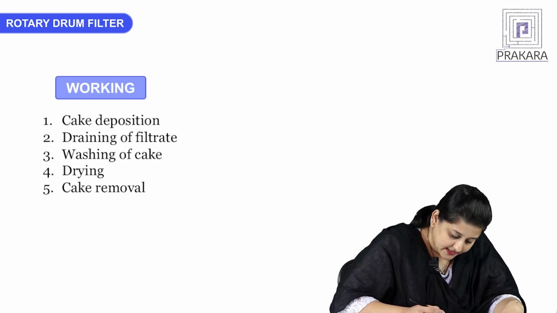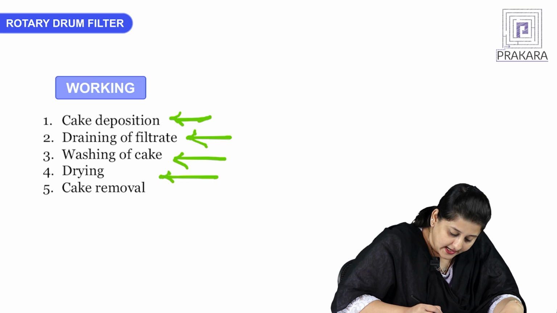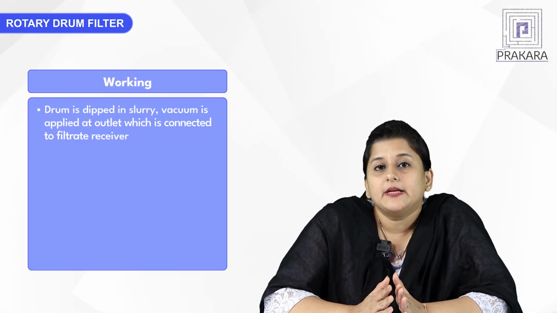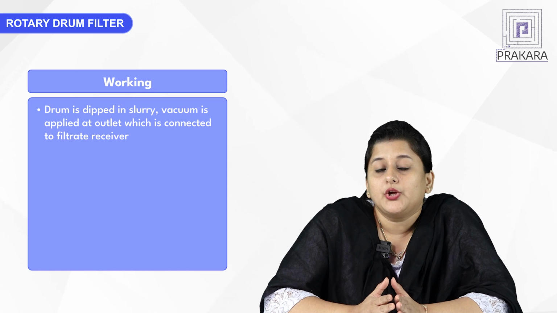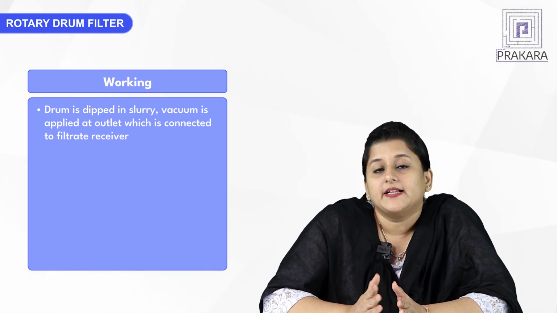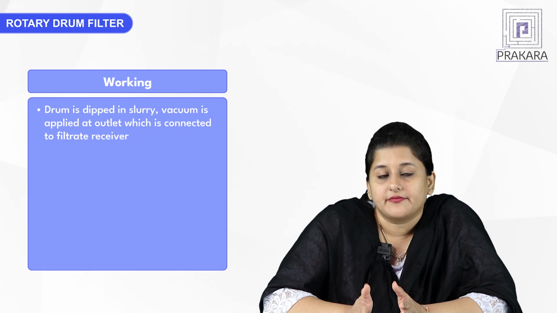The working is, firstly the slurry gets dipped, the cake deposition takes place, the drainage of the filtrate takes place after that, washing of the cake, drying and cake removal are the 5 steps under which this apparatus works. So the drum, as we have seen, is first dipped into the slurry and vacuum is applied at the outlet, which is finally connected to the filtrate receiver.